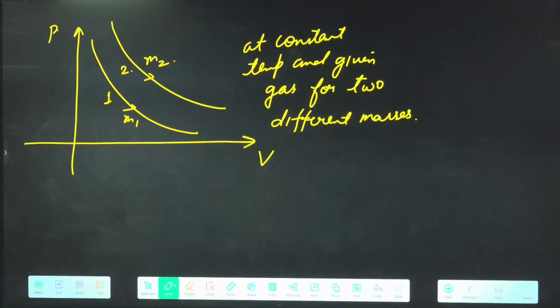M1 greater than M2, M2 greater than M1. Only two options are possible, and you are saying both options.